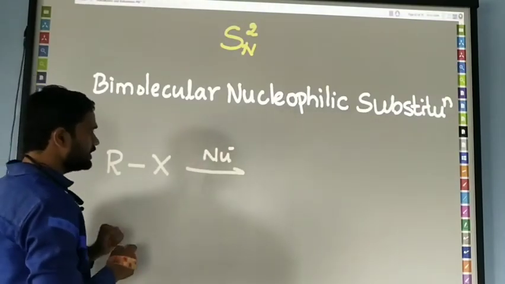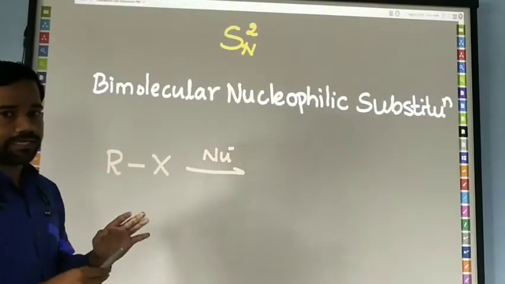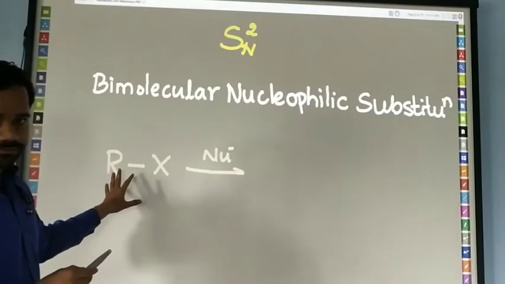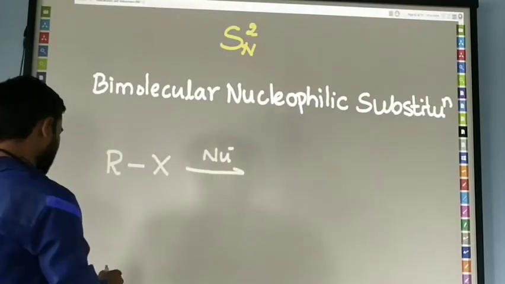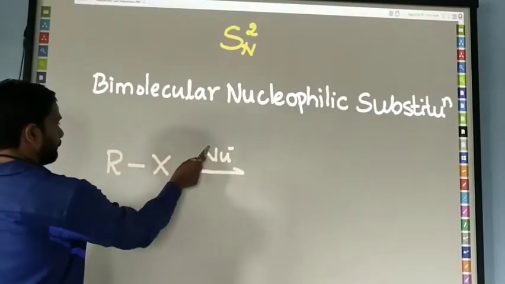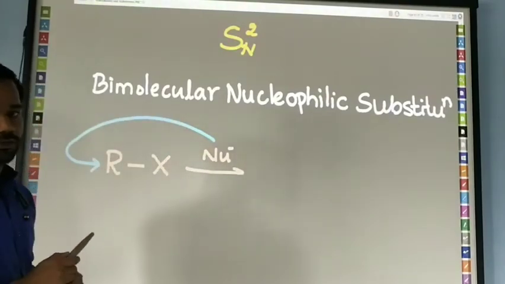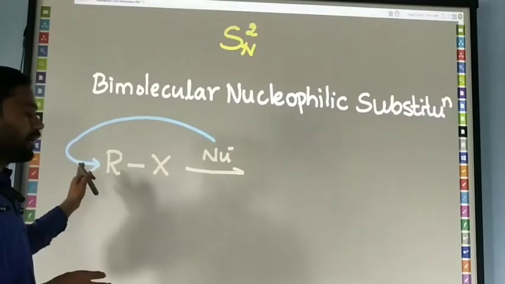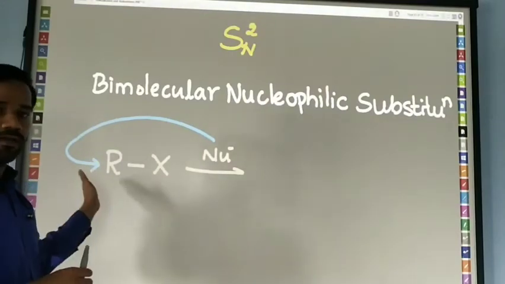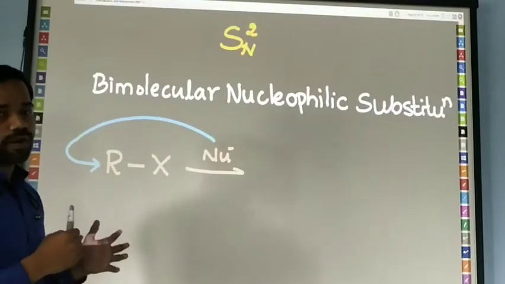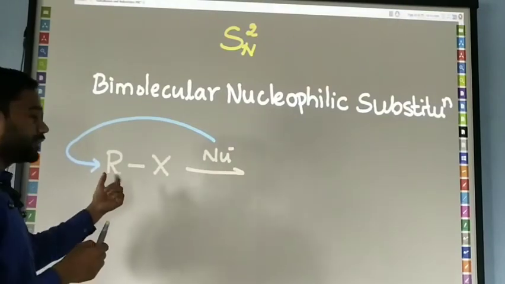In this case, the nucleophile will attack the alkyl halide in the first step itself by the backside attack. The nucleophile always prefers attacking the alkyl halide from the backside, around 180 degrees opposite.